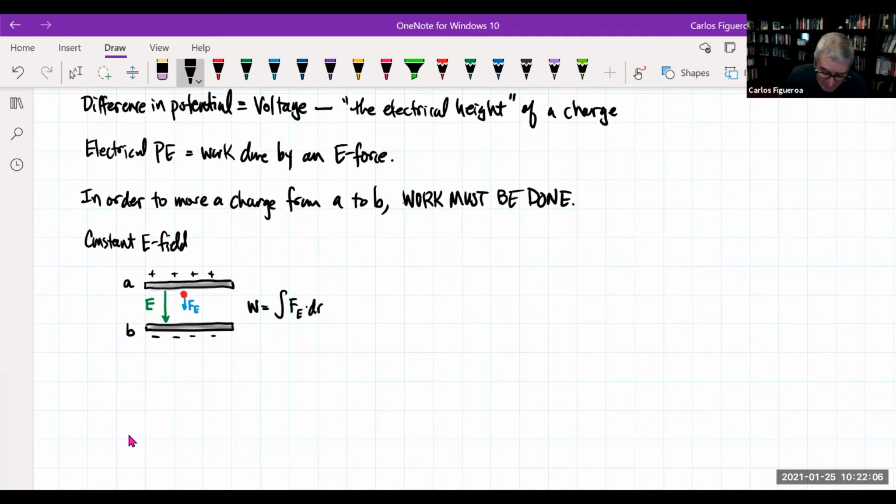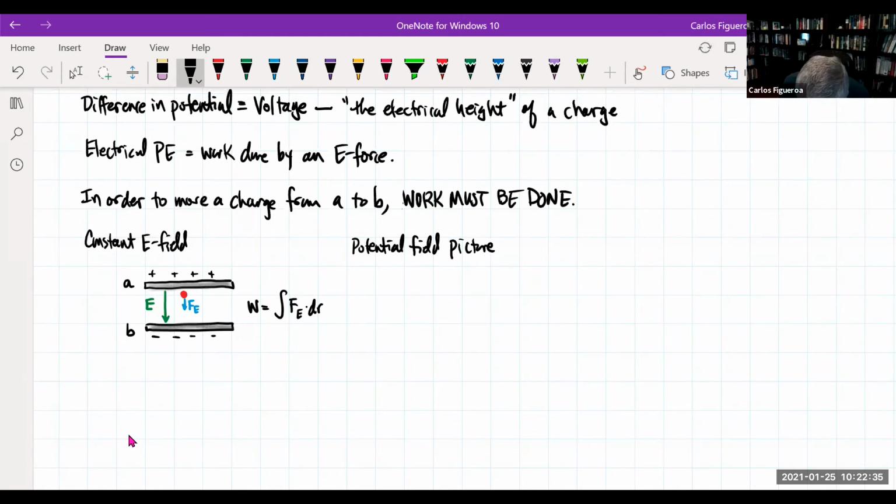Now, what's special about this is that this is a constant D field. And because this is a constant D field, the potential function is a linear function. So if I write this in terms of the potential field picture, it looks something like this.